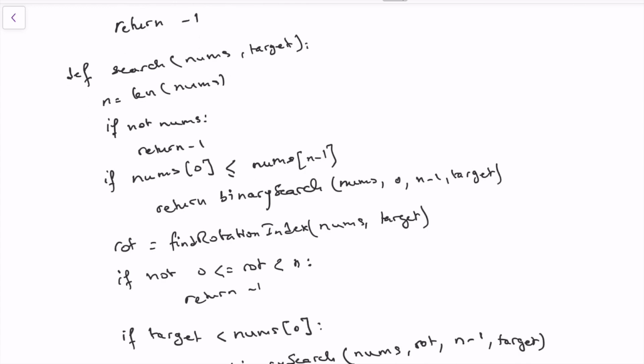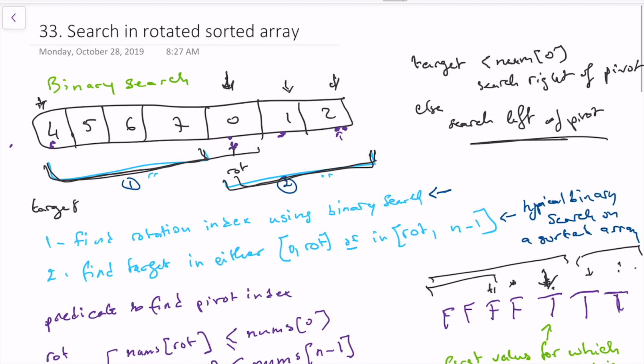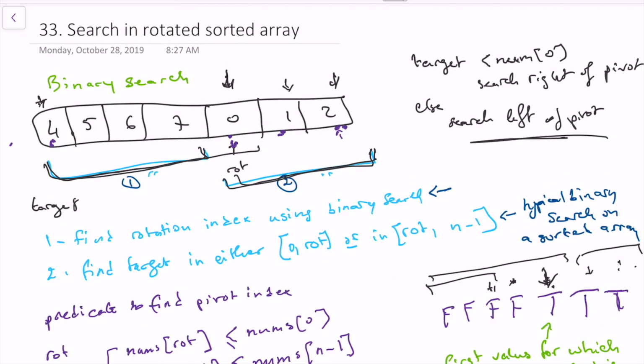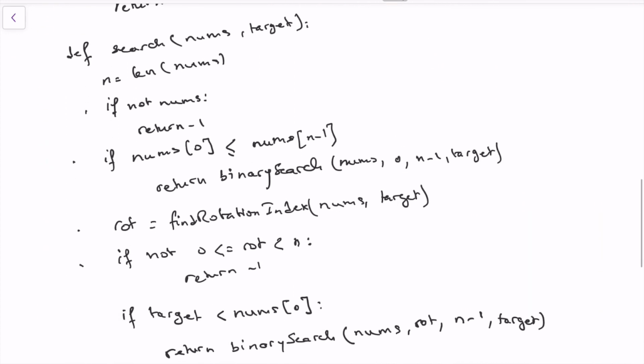So first we do the search, where we check some edge cases like empty array, array is sorted, and then we find the rotation index, and accordingly we check if it's valid or not, and we decide whether to look left of the pivot or right of the pivot, and each portion of these is sorted, so we can just apply binary search on that range.